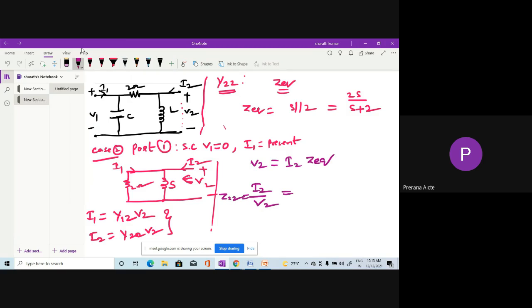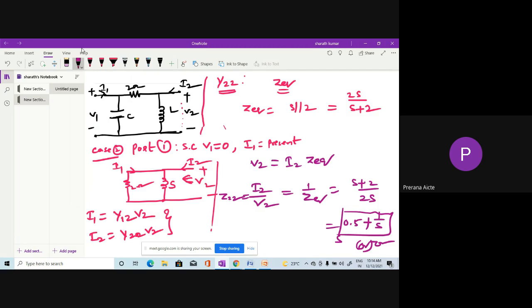That is equal to 1 by Z equivalent, which is s plus 2 divided by 2s. In a simple manner, the s cancels: 1 by 2, 0.5, plus 2 by 2s, that is 1 by s, in mho or Siemens. So 0.5 plus 1 by s.